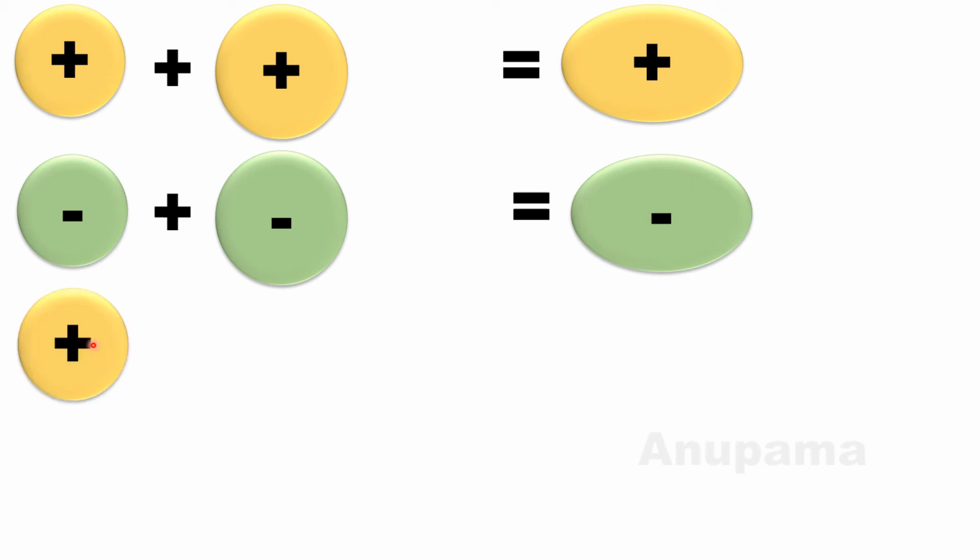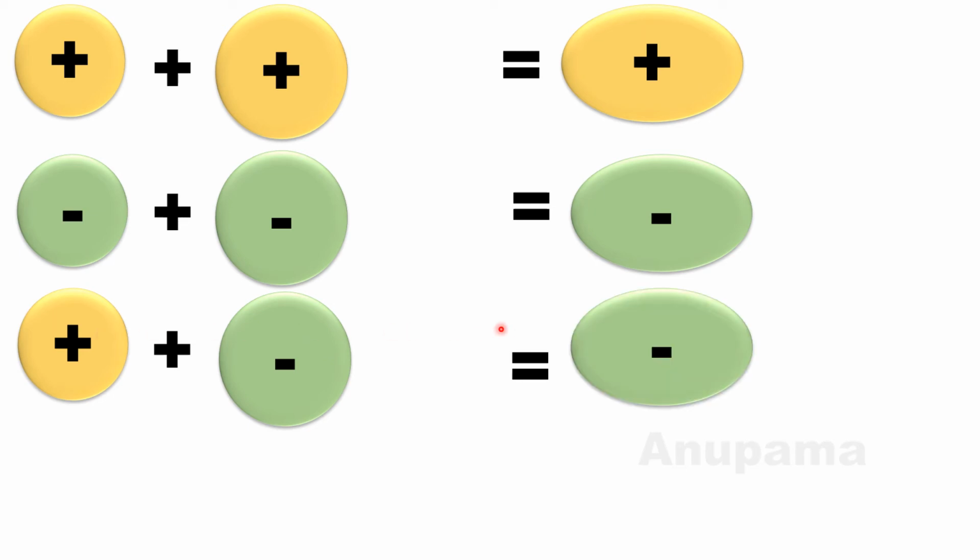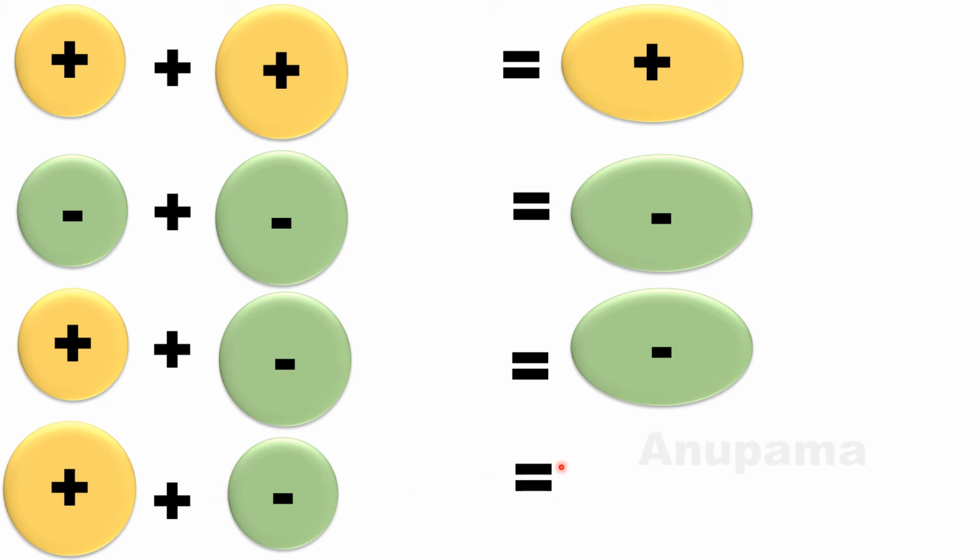And if we have a positive integer and we add it to a negative integer, then which sign will we get? We will get the sign according to the larger absolute value. In this picture, you can see that this negative integer has a larger absolute value than this positive integer. So we will get the sign of minus. In a similar way, if we have a larger positive integer than a negative integer, then we will get the sign of plus.